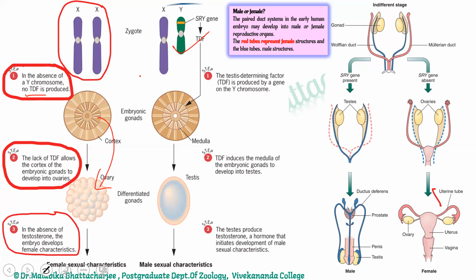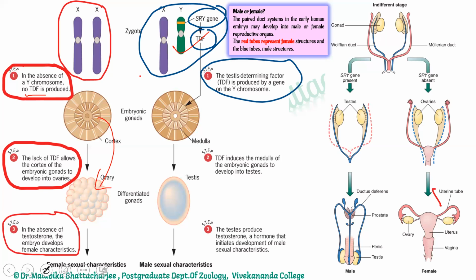This is the XY chromosome pair, and we have that small Sry gene producing the testis determining factor. The testis determining factor is produced from the Sry gene present on the Y chromosome. The testis determining factor induces the medulla, the medullary part of the embryonic gonads, to develop into the testes.